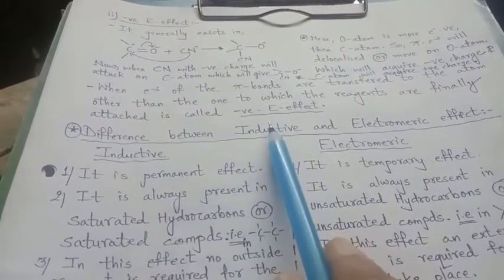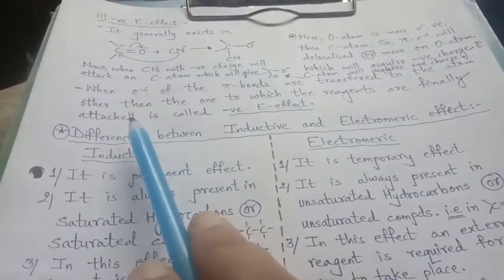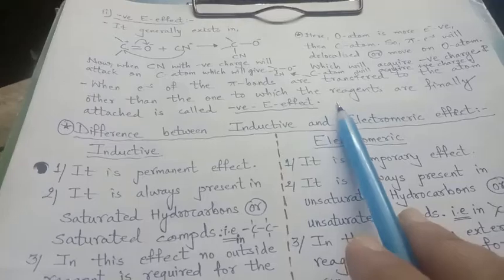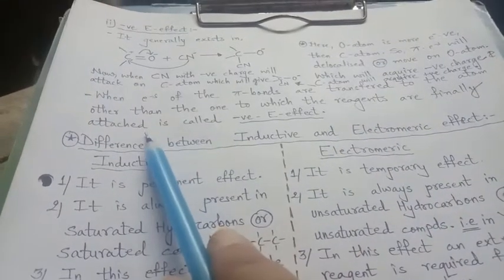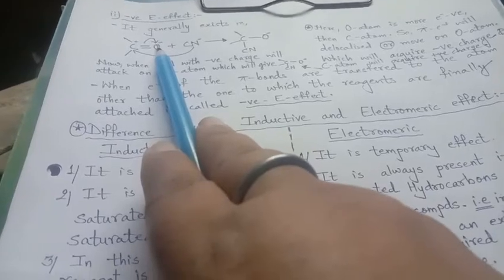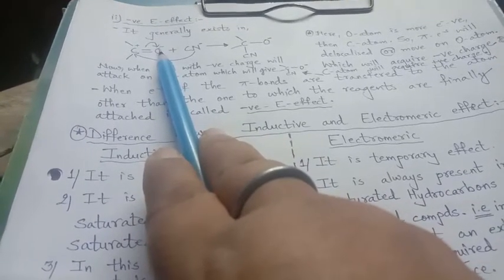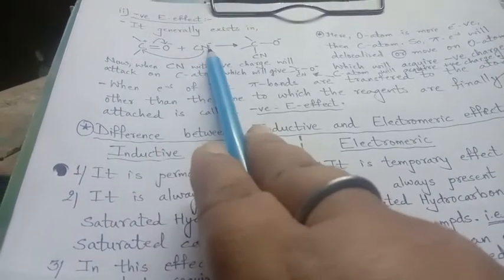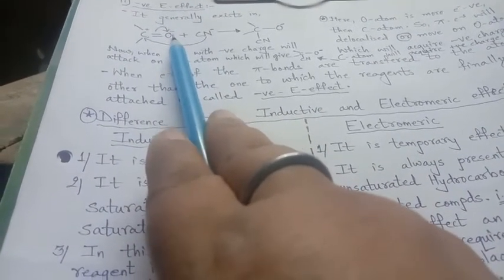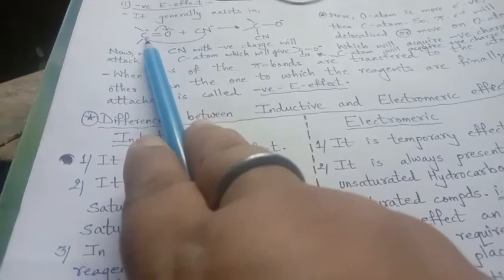And here, it is attacking other than the one to which the reagent is finally attached. The pi electron cloud moves, and the reagent is on the other atom. That means it is not on oxygen, but on the carbon.